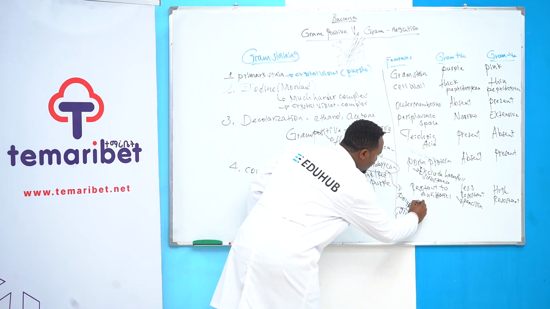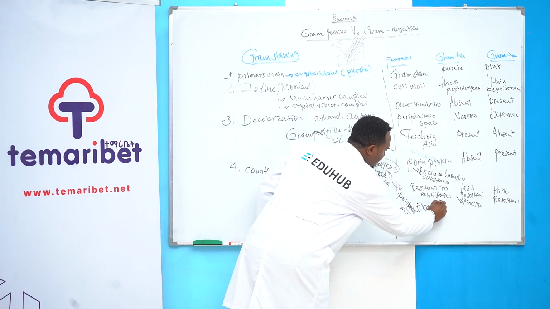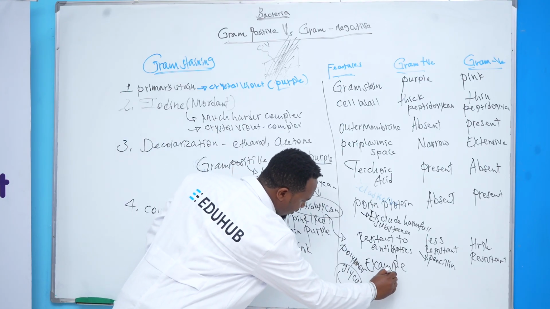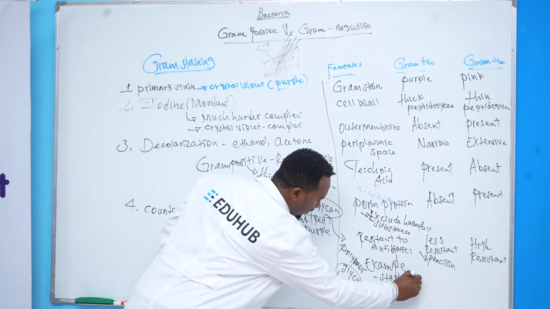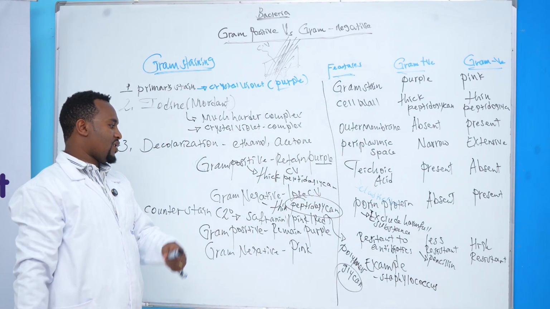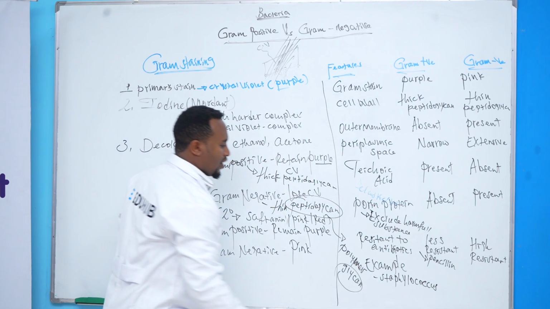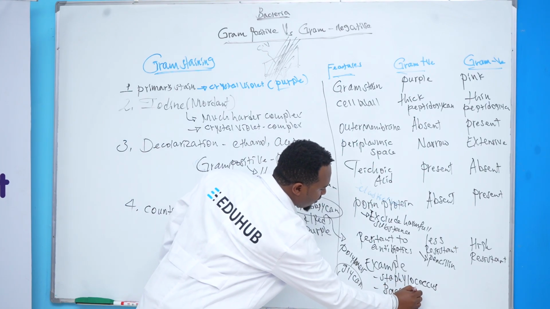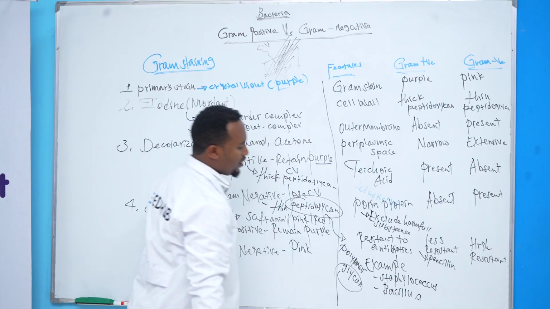So let's give some examples for this. There are many gram-positive bacteria. Among these, for example, Staphylococcus species like Staphylococcus aureus are examples. And also Bacillus anthracis, these are also one of the examples.